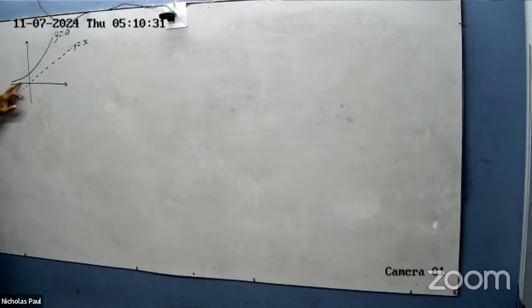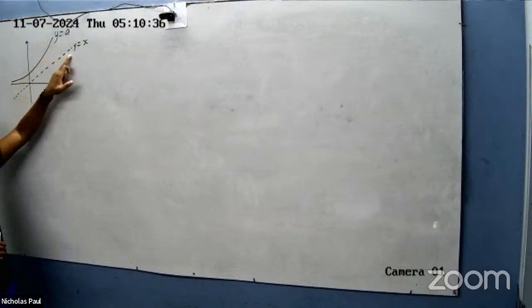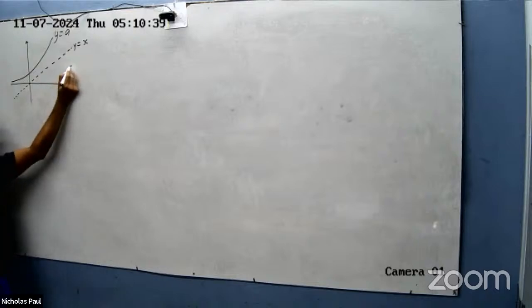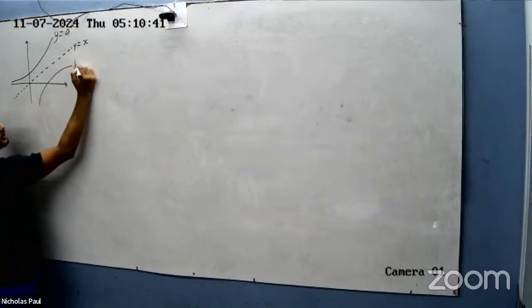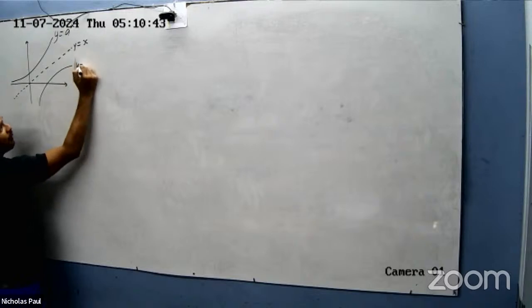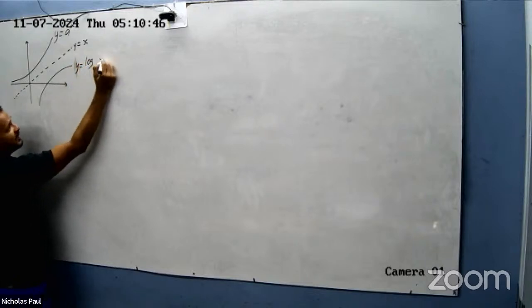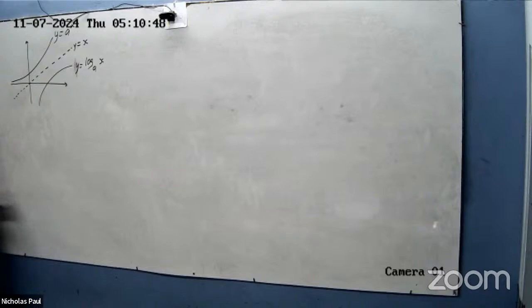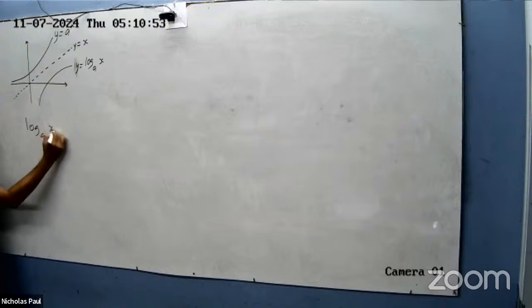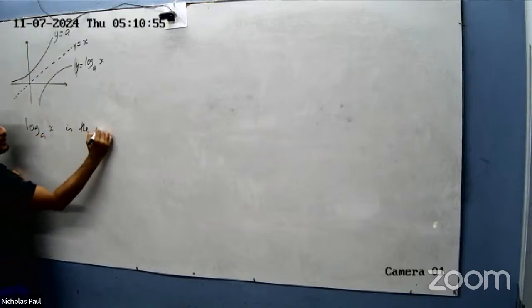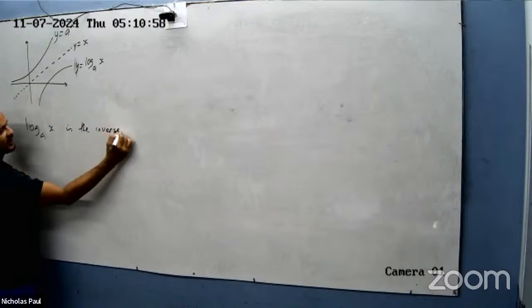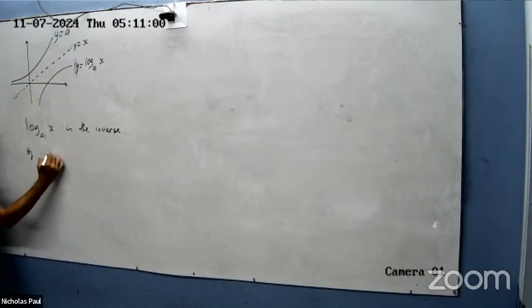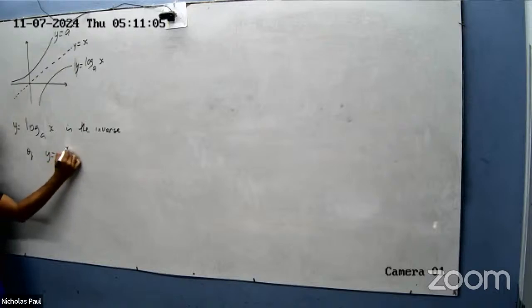Today we are going to focus on the reflection of this graph in the line y is equal to x. That reflection is logs. It's the log graph, which is y is equal to log to the base a of x. What that says is that log to the base a of x is the inverse of y is equal to a to the power of x.